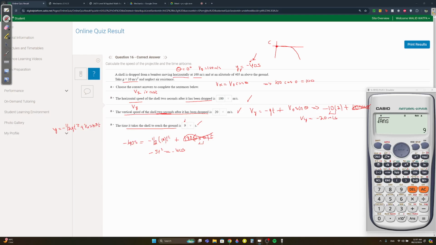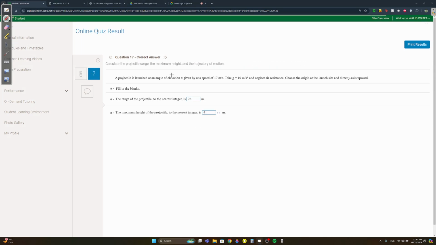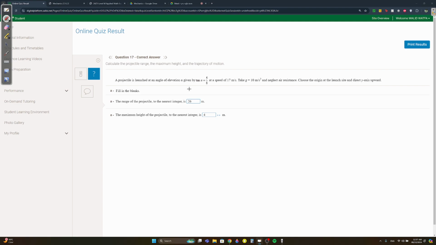So this here is 0. And since it's 405 above the ground, it's going to be minus 405. Always your starting point is 0. Even if you're 405 above the ground, it would be 0. Even if this is 0, that means here is minus 405. Okay, very, very good, very easy. Until now it's just formulas, application of formulas, guys.